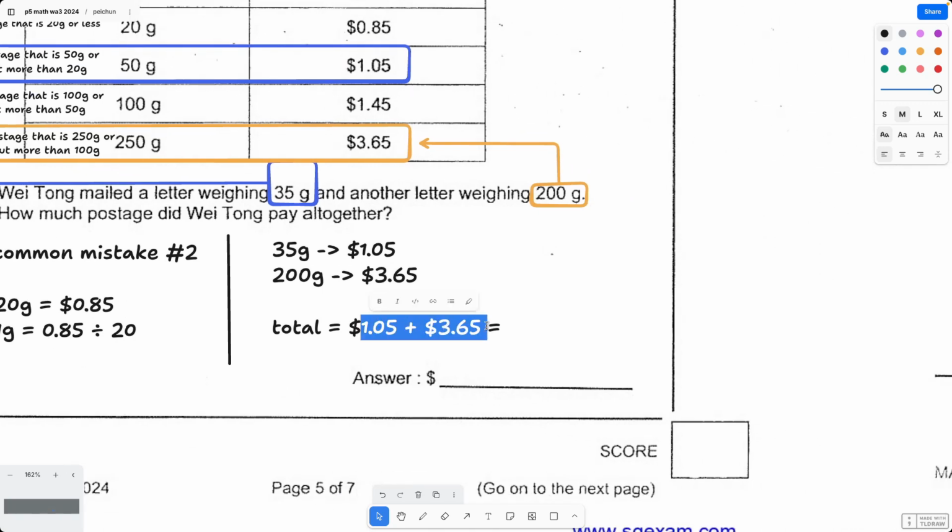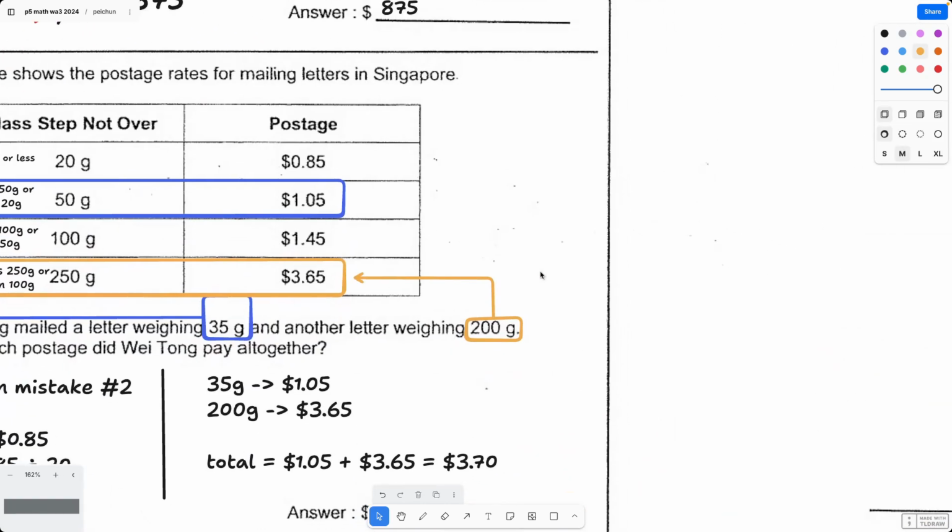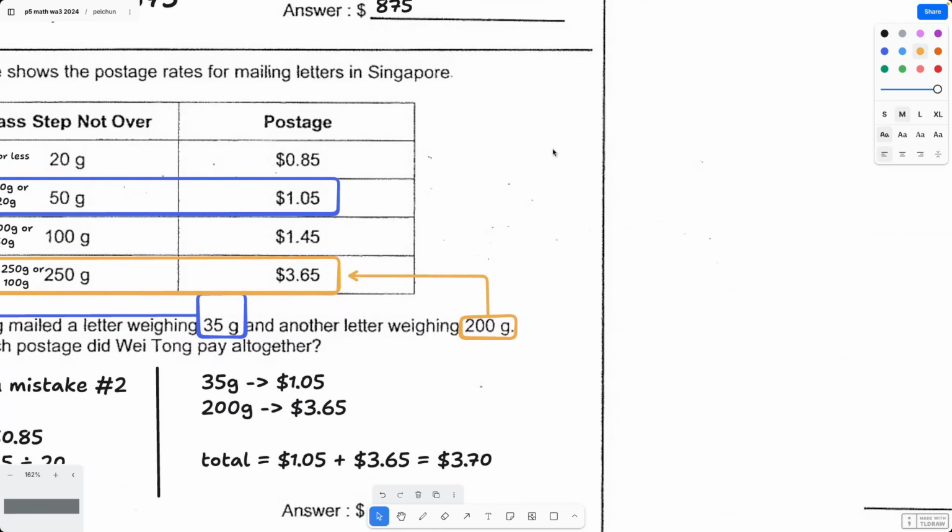If you can do mental math, that would be great, but always do the workings. So let's do the workings. I'll have 1.05, and then plus 3.65. Then we're going to put a line over here.